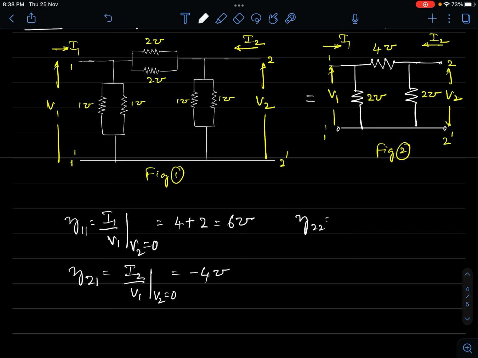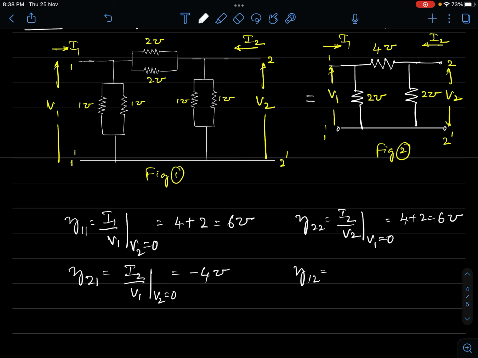Similarly, for the other two parameters, Y22 is I2 to V2 with V1 equal to 0. You can use them as straight results. You need not every time short the port and obtain the results. Instead, you can simply write the values. With V1 equal to 0, it would be the sum of these two things. This 2 and this 4 are in parallel, so that would be 4 plus 2, again 6 mhos.